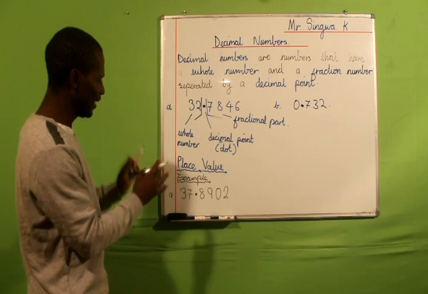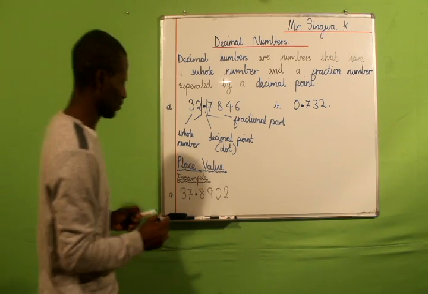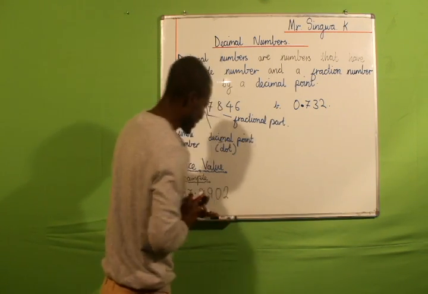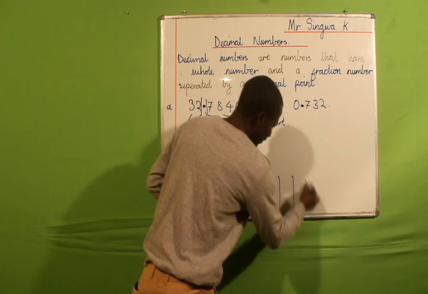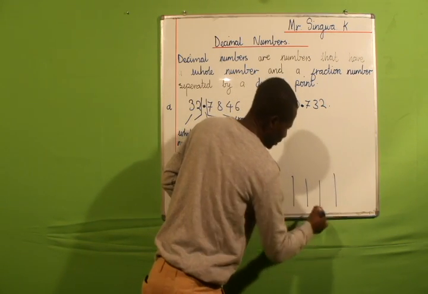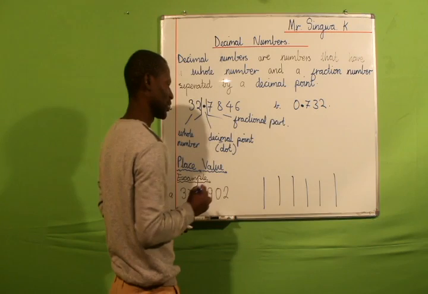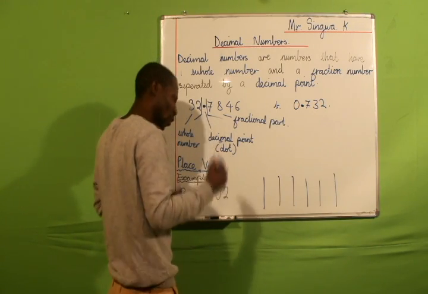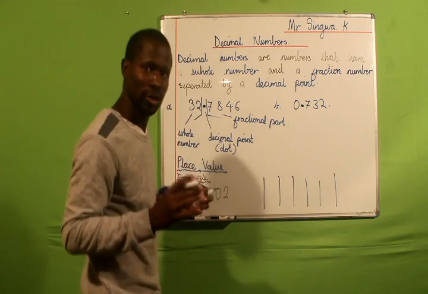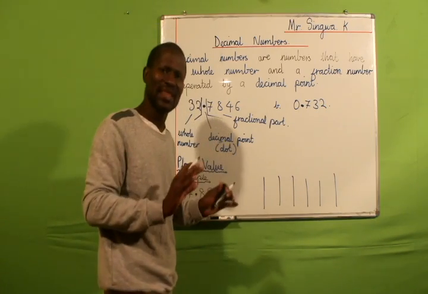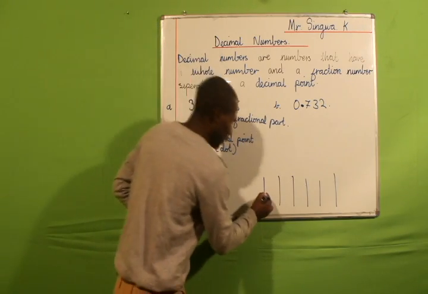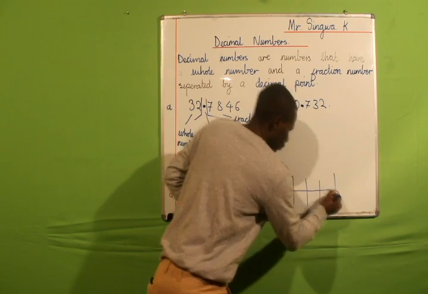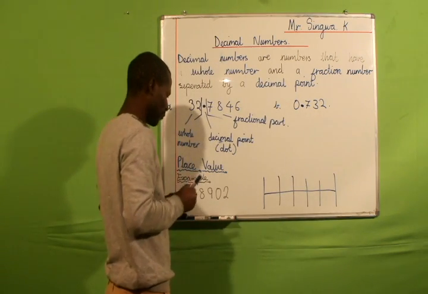Now, how do you place these in your place value? You are going to have something drawn in a quick way like this. This is your diagram. You quickly draw this diagram on a separate paper if you want, or like me, I like children to make sure that whatever calculations they are making are inside the book. So let's make this diagram. We make the diagram and then we put figures in it.